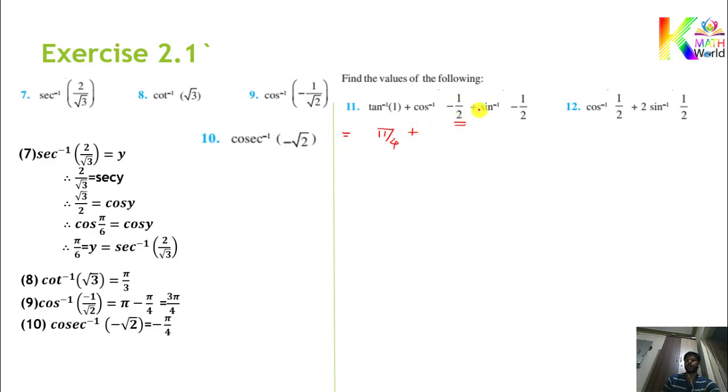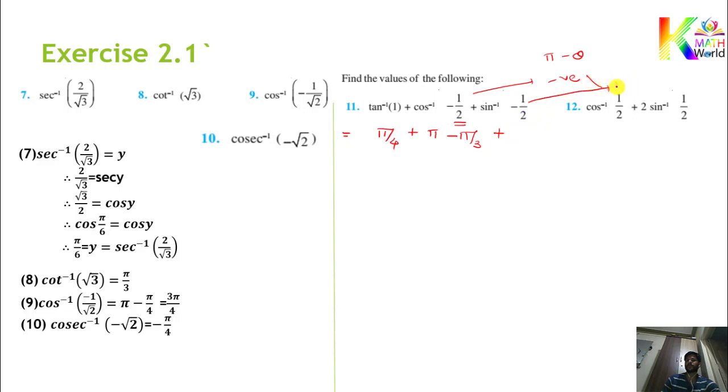Okay, cos inverse of minus 1 by 2. Negative value, second group function. So what is the format? Pi minus theta format. So pi minus, corresponding to 1 by 2: what is the value of 1 by 2 in terms of cos? Cos 60, 60 means pi by 3. Again a negative value, and this is your first group function.